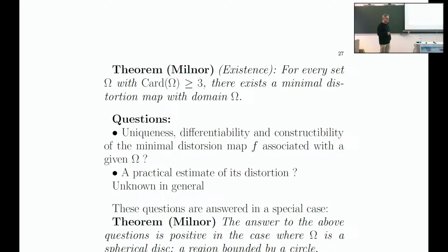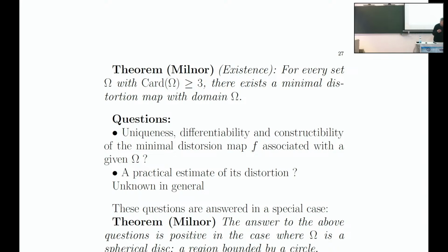So what does minimal mean? It's a subset of R, that set of distortions. Yes, subset of R. Among all the maps, I'm looking for a map among all possible geographical maps.